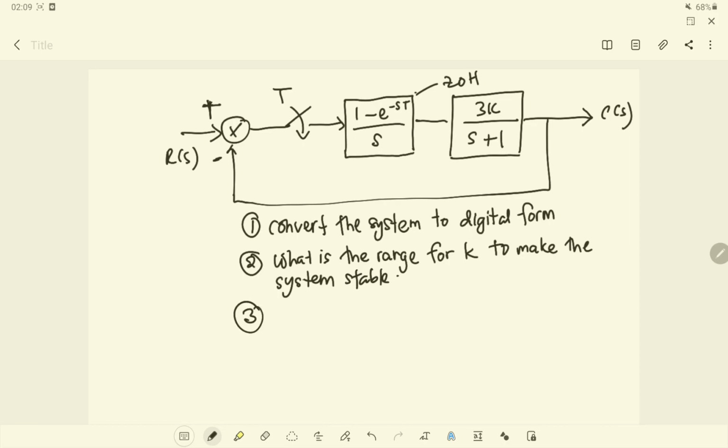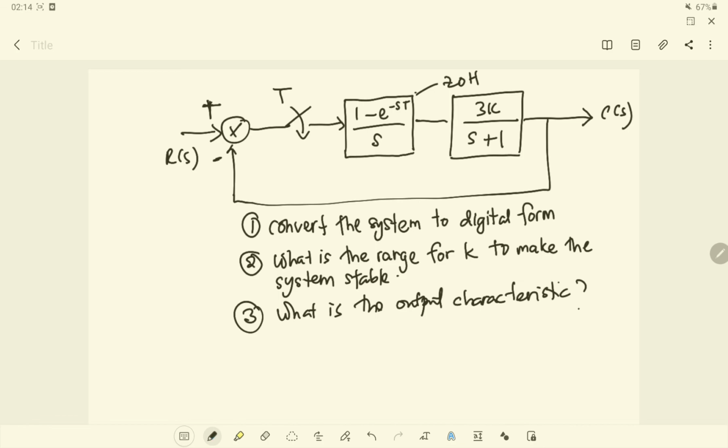And the last one, what is the output characteristic? Normally these 3 questions will be asked in either your test or final exam.